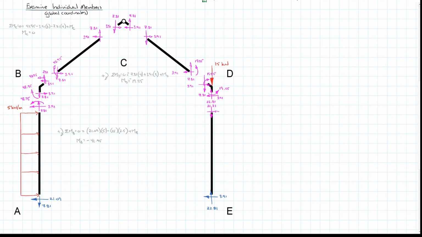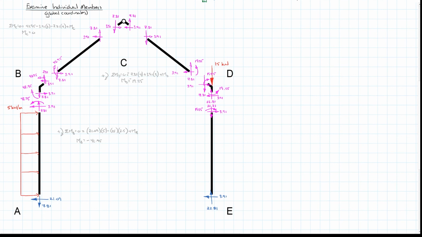And 3.91. And our moment going this way of 19.55. So you can see your DE, if you look at the reactions at the bottom, certainly in the X direction and the Y direction are canceling out.